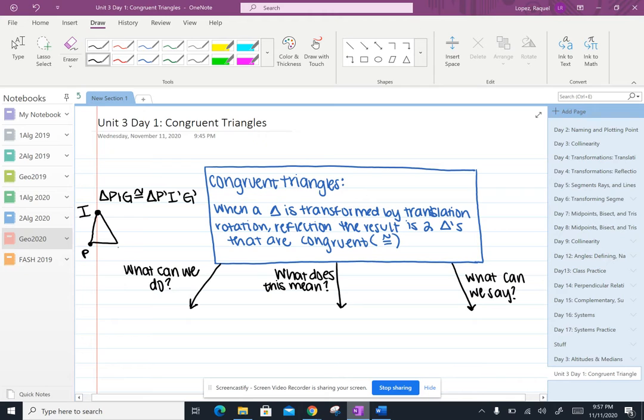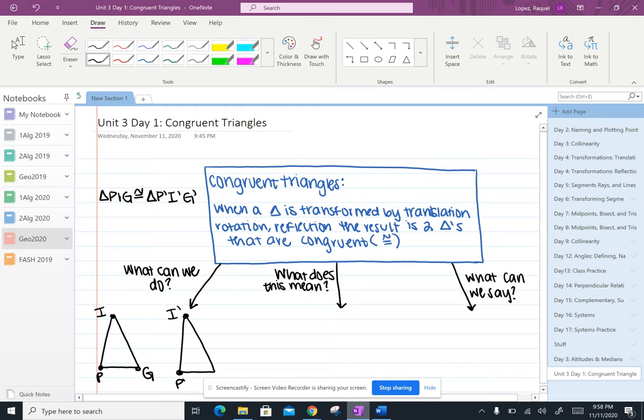So let's say triangle P, I, G, and then triangle P prime, I prime, G prime. So these two triangles are right next to each other. All right, let's say we've got this statement up here that triangle PIG is congruent to P prime, I prime, G prime. Well, we can mark up our diagram, and this is how we would mark it up.